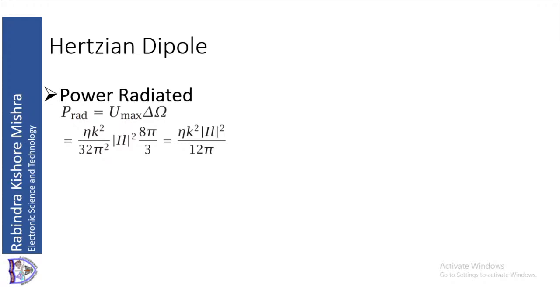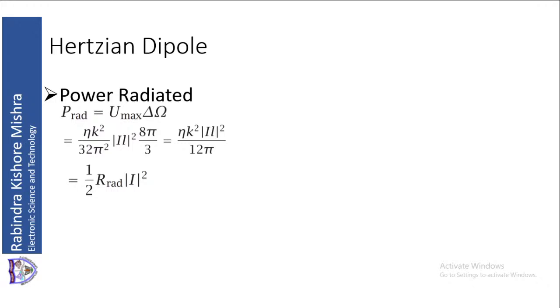Now for Umax we write eta k square by 32 pi square into the absolute square of IL, and delta omega is 8 pi by 3. If we put everything in and do the algebra, that gives us eta k square IL square by 12 pi.